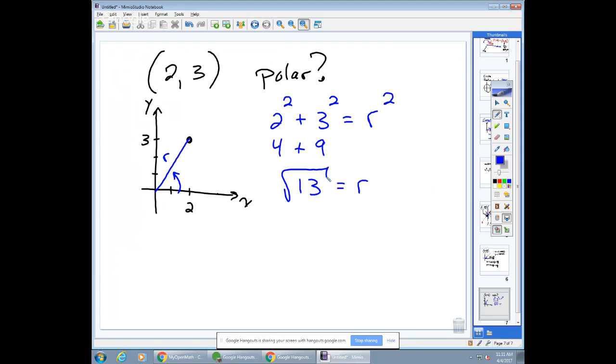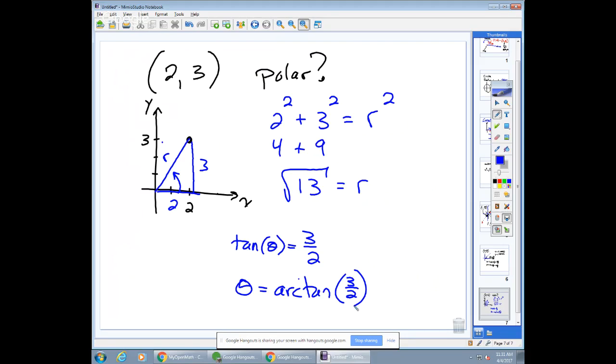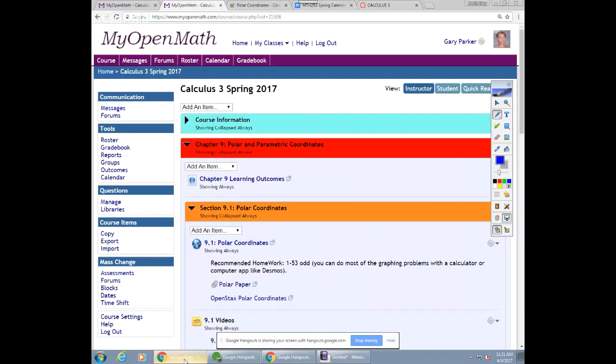As far as the angle, I know the opposite side here and I know the adjacent side here. And I know the tangent of the angle has to be in the ratio of 3 to 2. And so my angle must be the arc tangent of 3/2. I'm going to whip out my calculator to see if I get a reasonable answer.